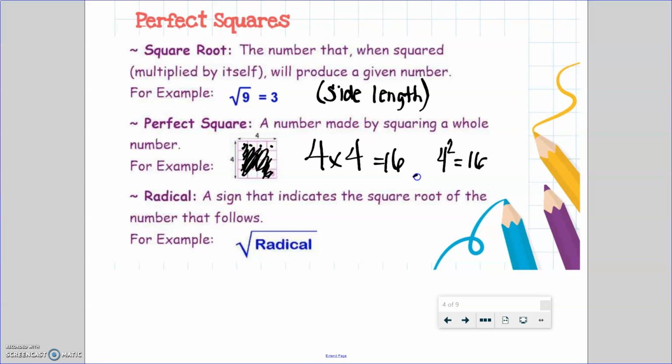Then the radical is a sign that indicates the square root of the number that follows. So if I had a number here and then I had the square root, this is called the radical sign. Okay?